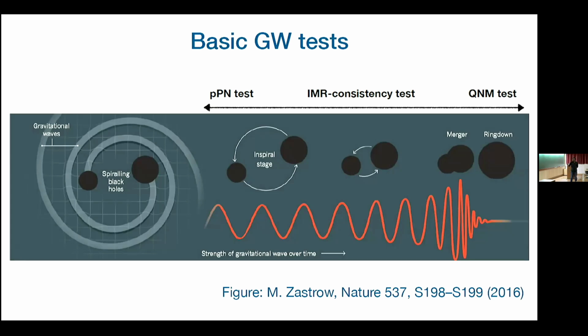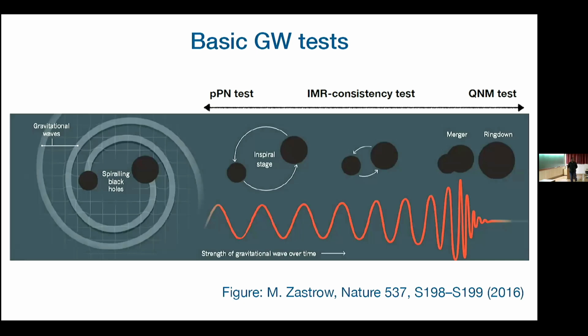That means one part is low frequency and the other part is comparatively high frequency. Then you use the GR fitting formula from this part to predict the final mass and spin of the object. And from this part, you can directly calculate the final mass and spin, and then see whether at the end they are consistent with each other. If GR is correct, they should be, and that is another test.